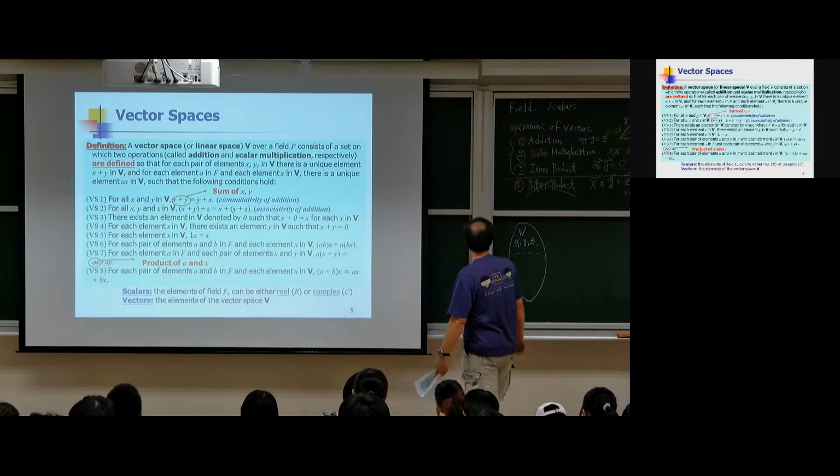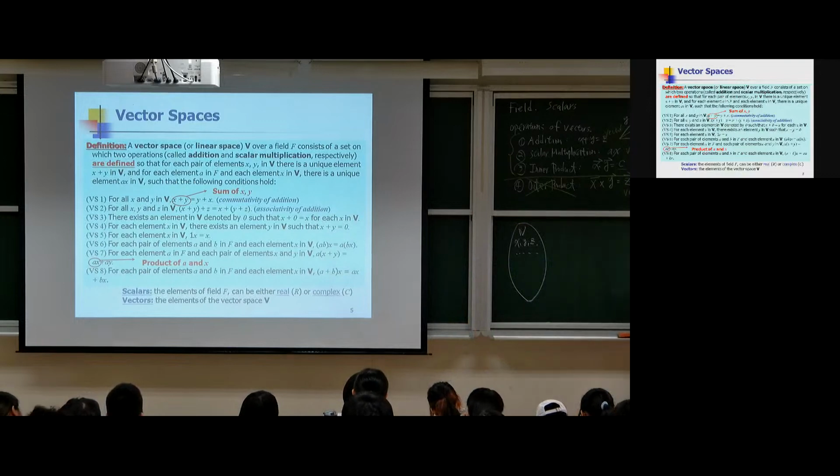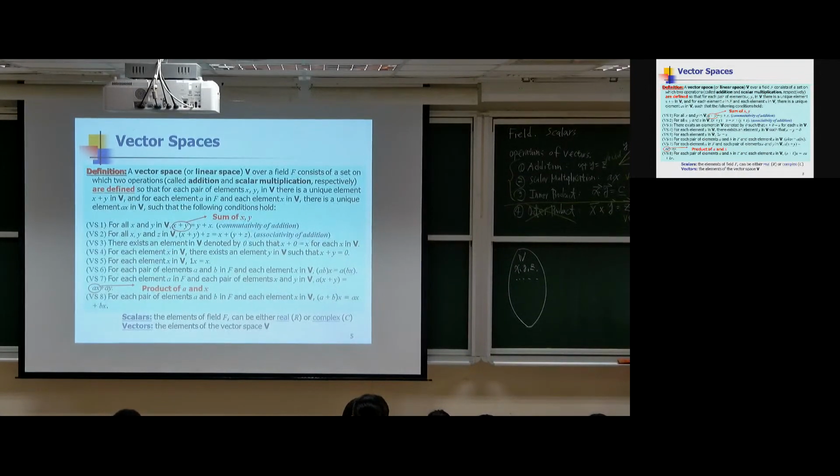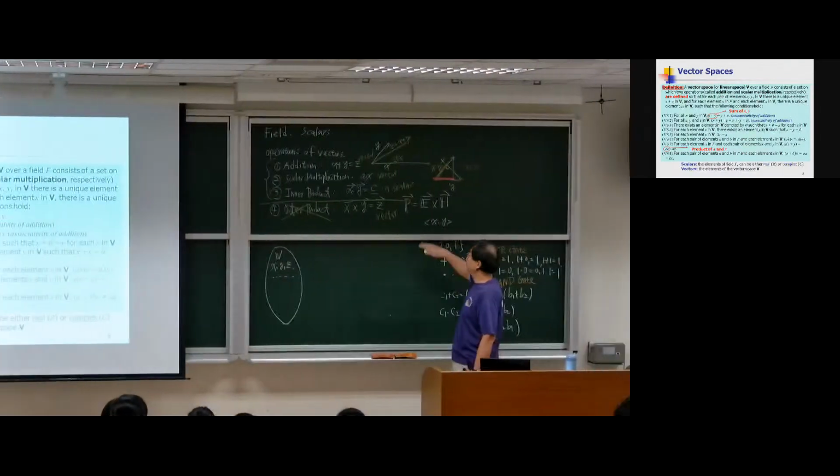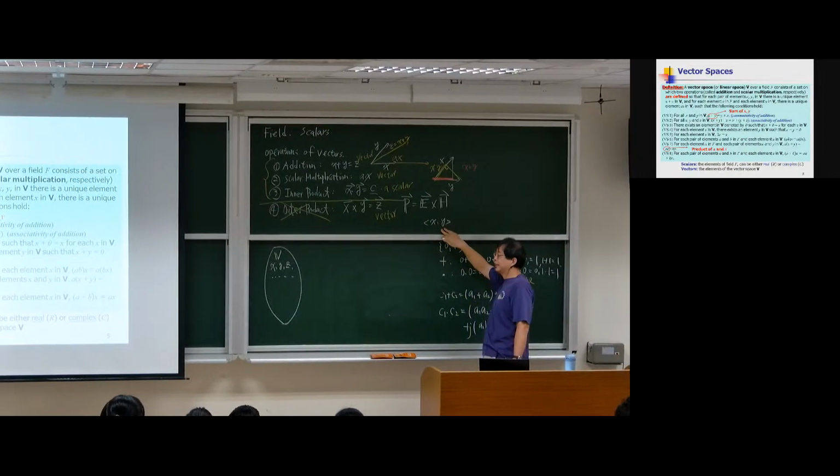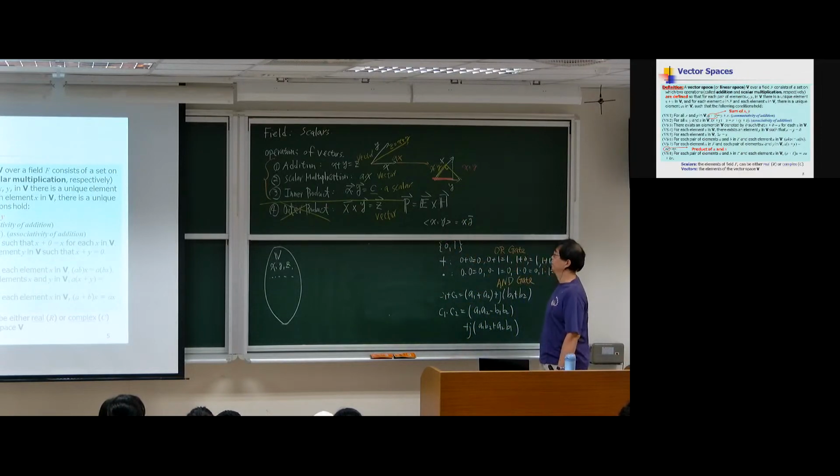For example, in the future you will see the inner product of X and Y, which in this textbook is defined as X times Y bar if X and Y are in the complex field.